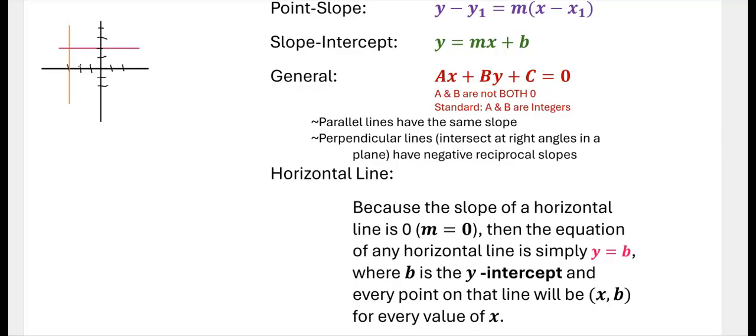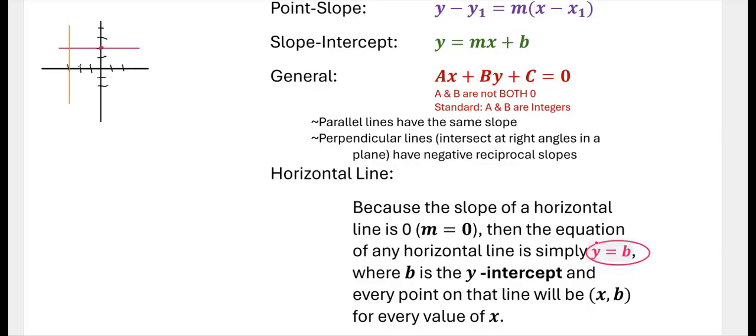And the equation of a horizontal line is going to be simply y equals b, the y-intercept, wherever this line crosses the y-axis. In this case, it's a 2. The general case over here is y equals b.